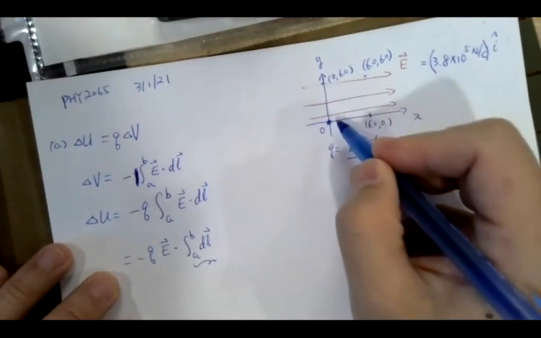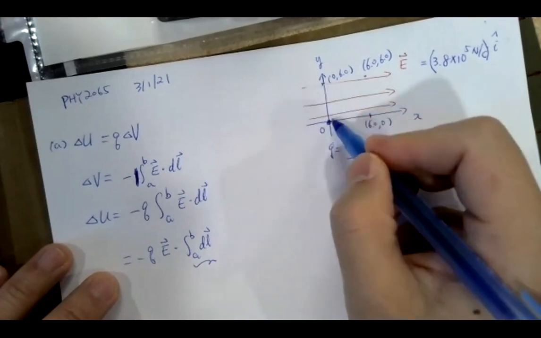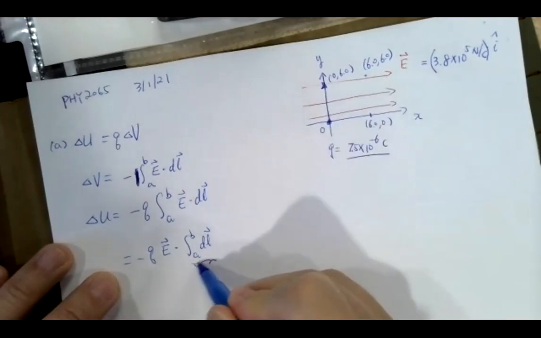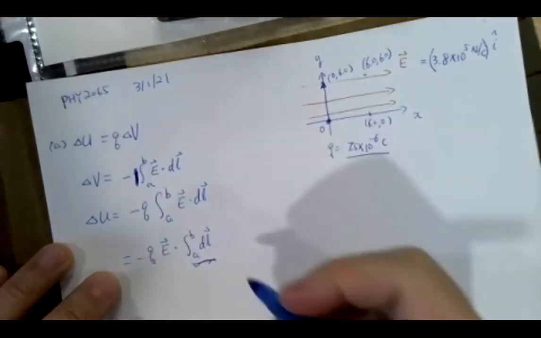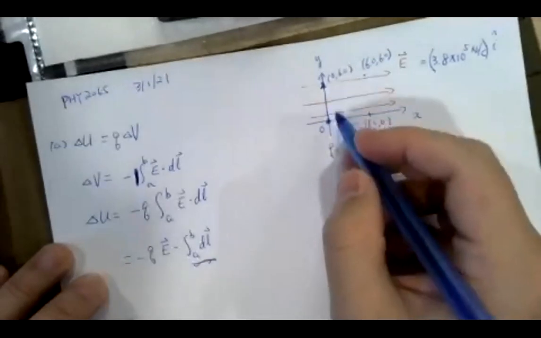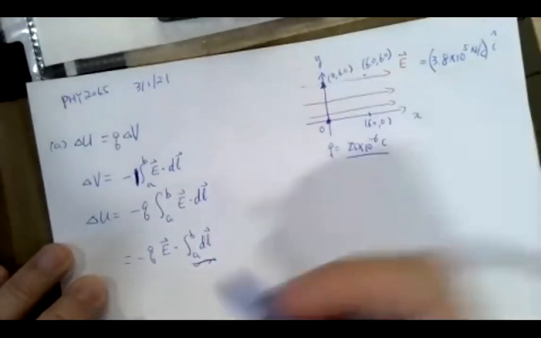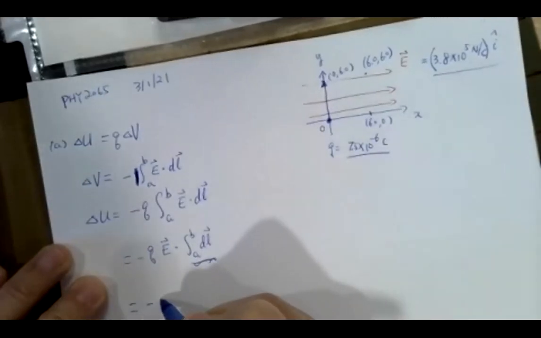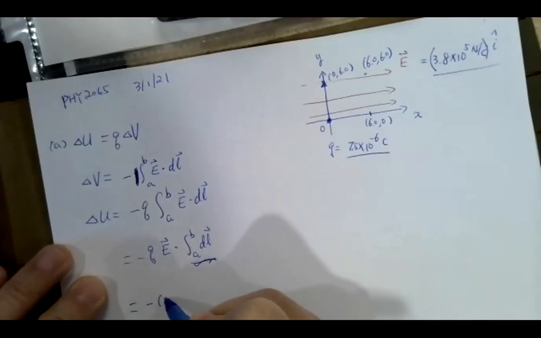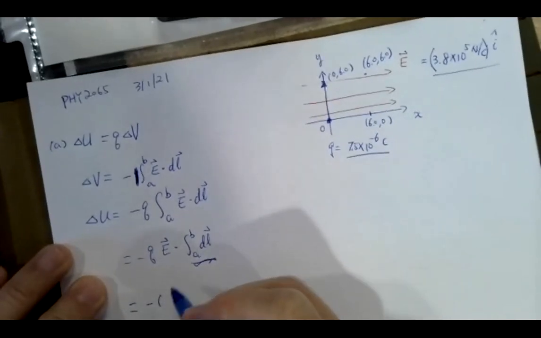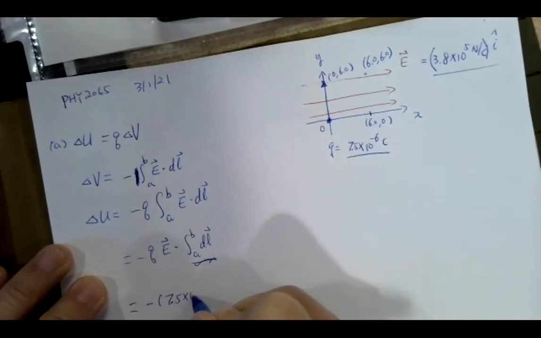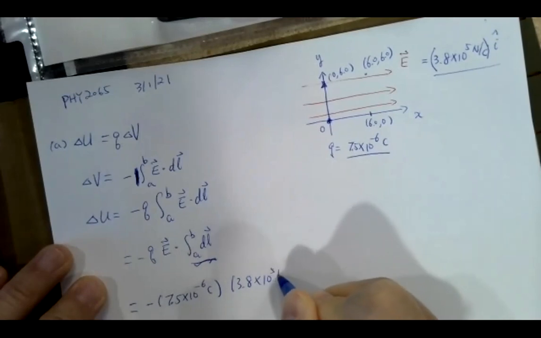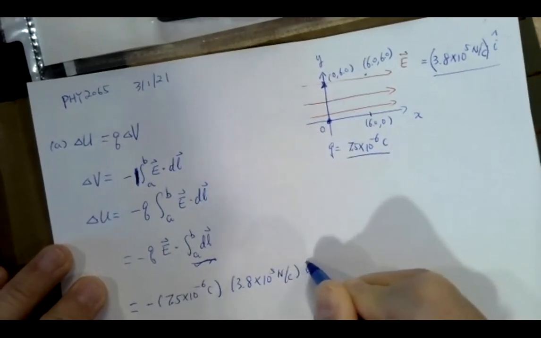Now for part A, it says from this point to over there. So then the path it takes is from 0 to over there. Okay. So then it would be this vector. This will be your change in displacement. That would be just 6 in the y direction, right? Your E field is in the x direction, so minus Q, minus 7.5 times 10 to the minus 6 coulomb times this 3.8 times 10 to the fifth, that's in the i direction, dot.